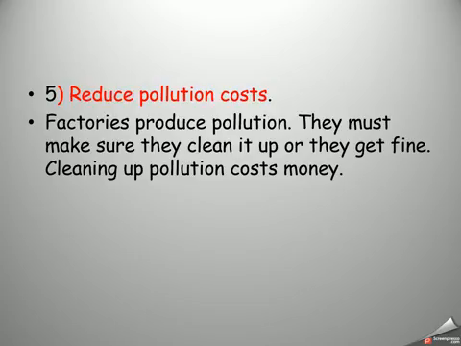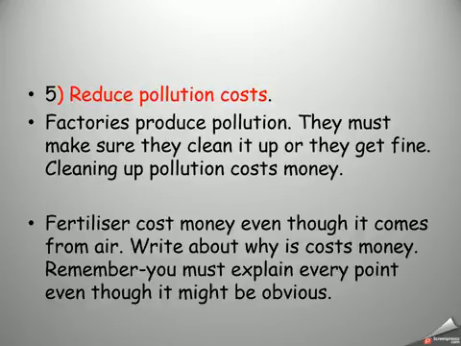And you need to pay the pollution costs, because when you're heating up all of that to 450 degrees, that's going to be making a lot of carbon dioxide. So you have to pay money to get the pollution cleaned up as well. Otherwise, you get a fine. Okay, so even though fertilizer comes from air, you need to know why it costs so much. And all of those 5 points explain it. Go back and look at the 5 points, guys.